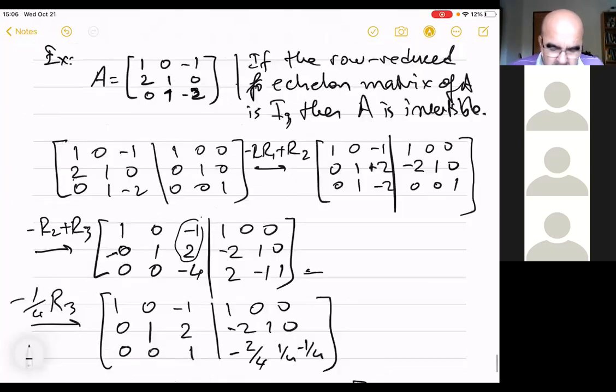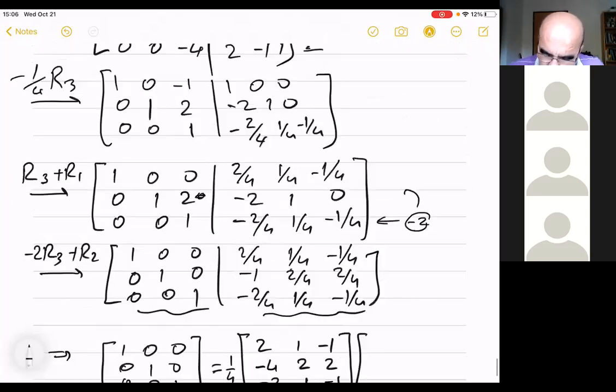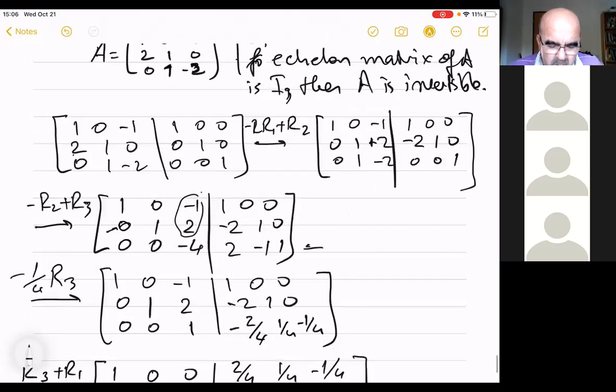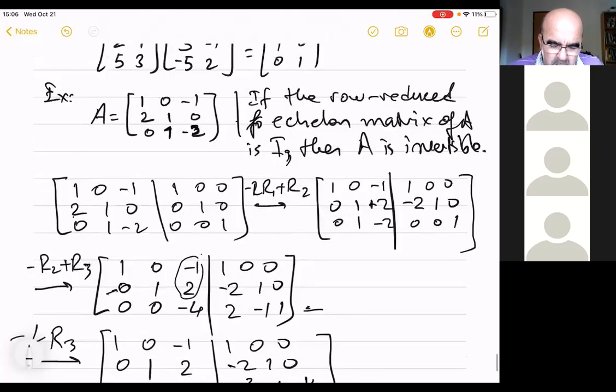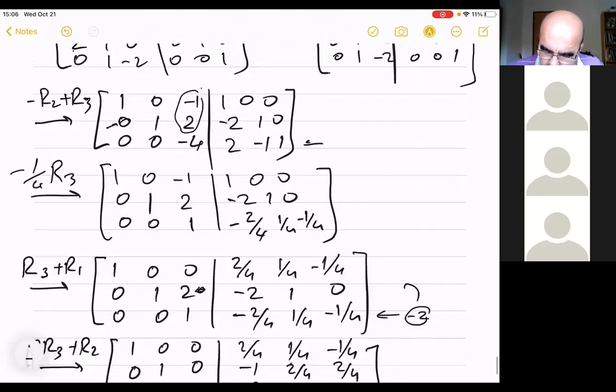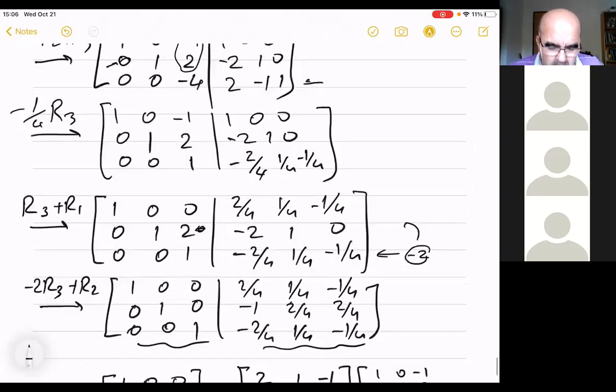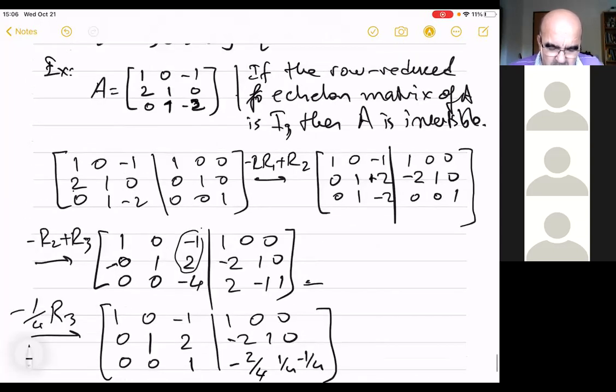A is 1, 0, minus 1, 1, 0, minus 1, 2, 1, 0, 0, 1, minus 2.